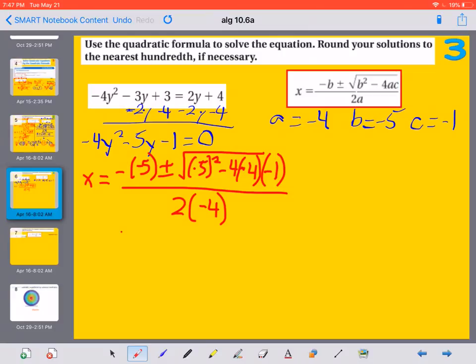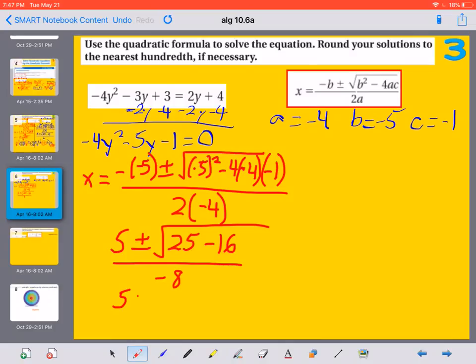Negative 5 is going to be 5 plus or minus the square root of negative 5 squared, which is 25, minus 4, negative 4 times negative 4 is 16, minus a negative 1 is a negative 16, divided by a negative 8.